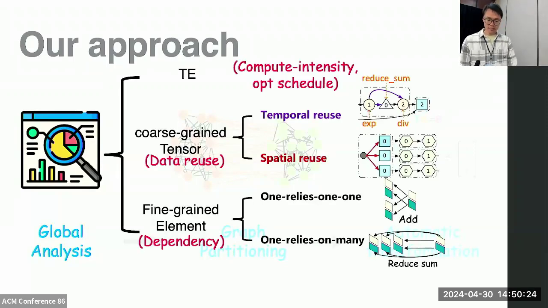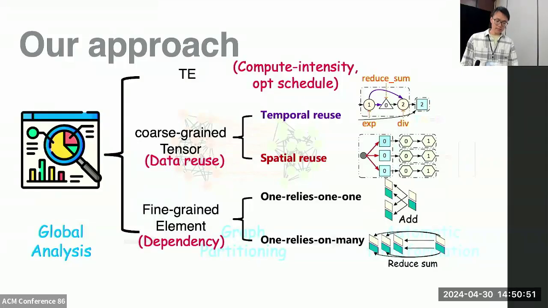Once the tensor expression program is lowered, it is passed to the compiler's analysis module. The module performs two-level analysis. The first level is the tensor level. First, it checks the compute intensity of the tensor expression and gets the optimized schedule from the underlying scheduler, like Ansor or MetaSchedule. Then it seeks two data reuse opportunities.